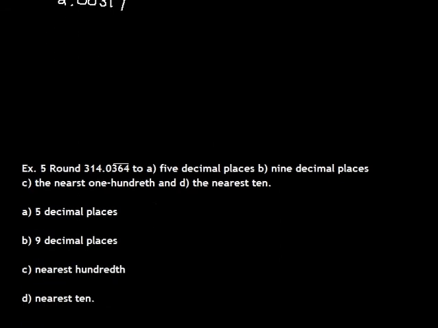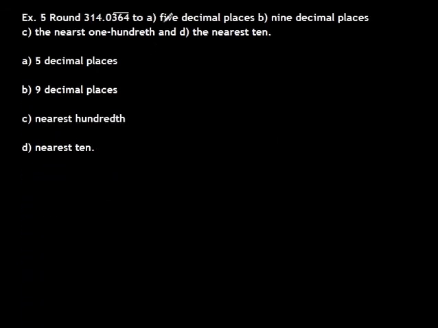And the last one. Round this to 5 decimal places. Do you see how it has this repeating line? That's like having 314.0364364364, etc. So if we want to round this number to 5 decimal places, first we need to write it out so we have at least 5 decimal places.